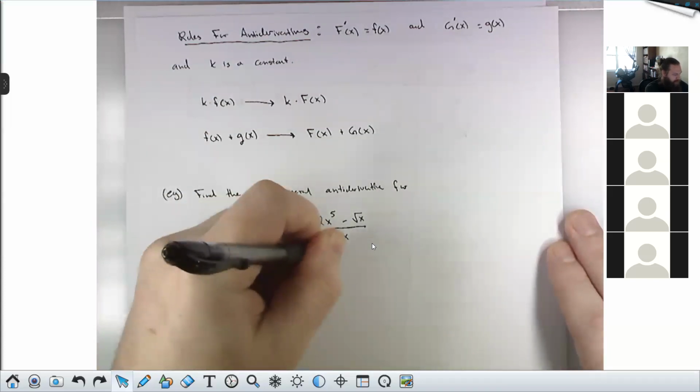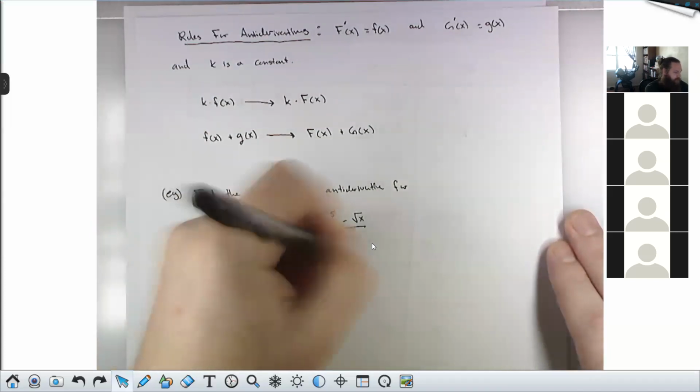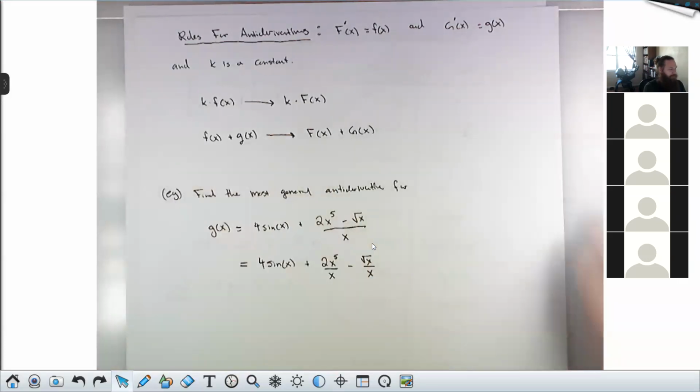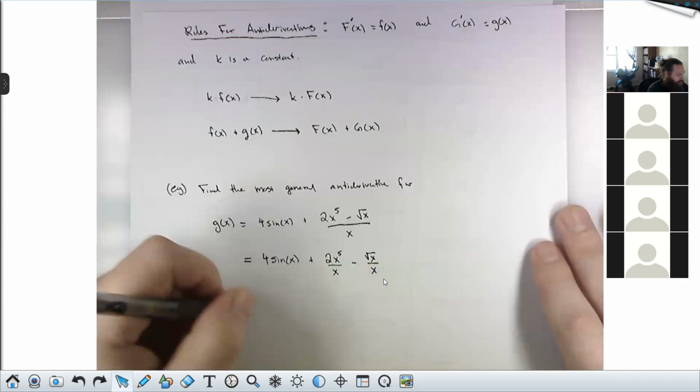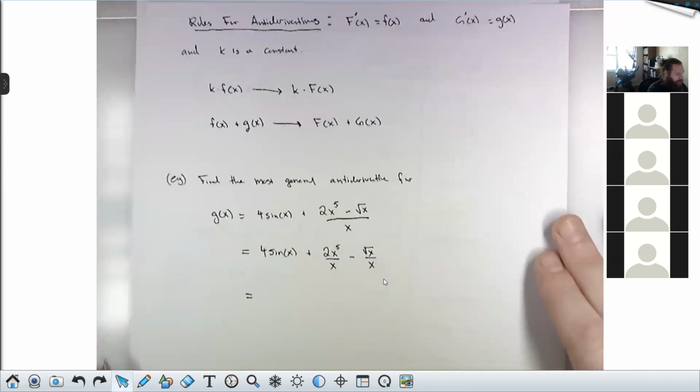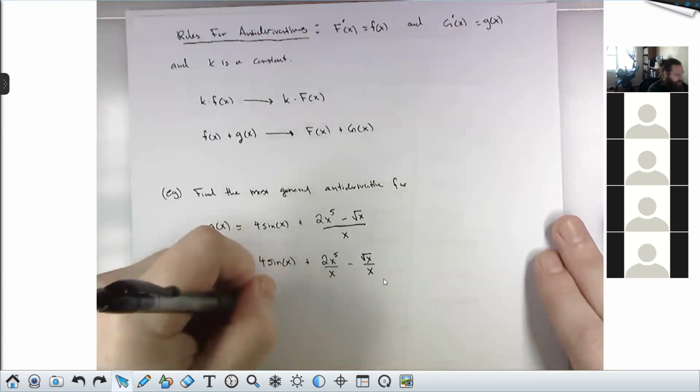It's 2x to the 5 over x minus the square root of x over x. And then each of these will simplify to a power function. So we'll have a trig function times a constant plus a power function times a constant minus a power function, each of which we know how to handle. And according to the rules above, we are allowed to handle each of those separately.